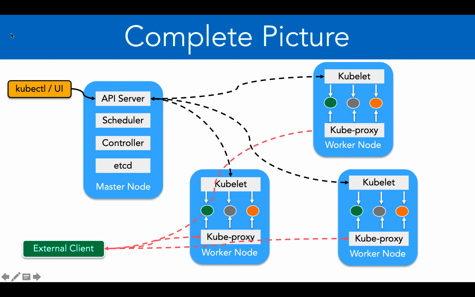Now this external component and this external component are different. This is for the administrators, and this one is actually accessing the application. External clients talk to the pods or the containers via the kubeproxy. And this is the complete picture of a Kubernetes cluster. So that's all about the high-level Kubernetes architecture.